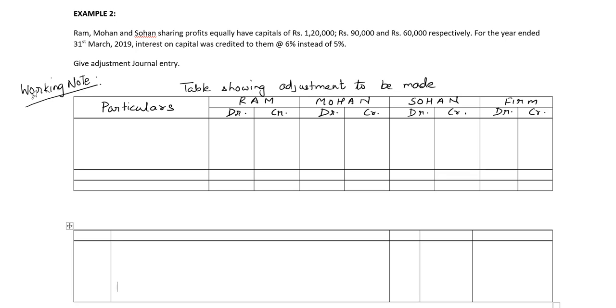So we'll begin by reversing the interest on capital at 1%. When we reverse interest on capital, we need to debit the partner and credit the firm. 1% of Ram's capital, 1,20,000, is rupees 1,200.